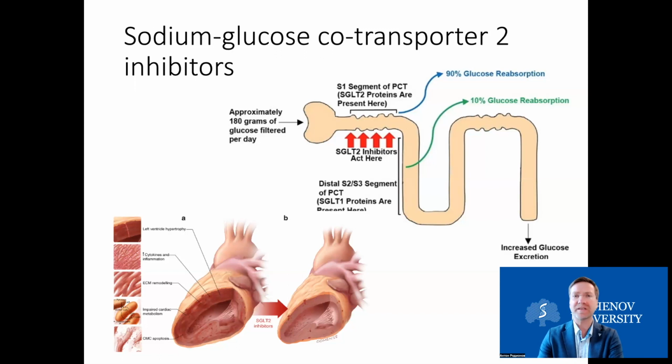And several years ago, trials were finished where SGLT2 inhibitors were studied in patients with heart failure irrespective of diabetes, and this showed a very good improvement of prognosis in patients using SGLT2 inhibitors, because SGLT2 inhibitors are not only glucosuric but they are also natriuretic, and they have mild diuretic effects.